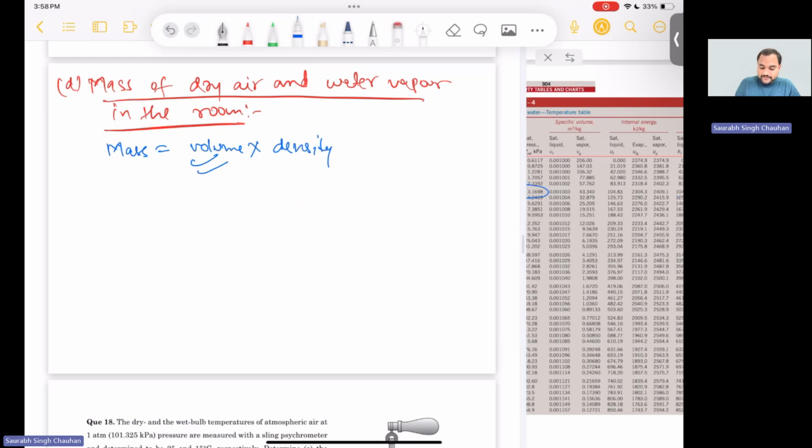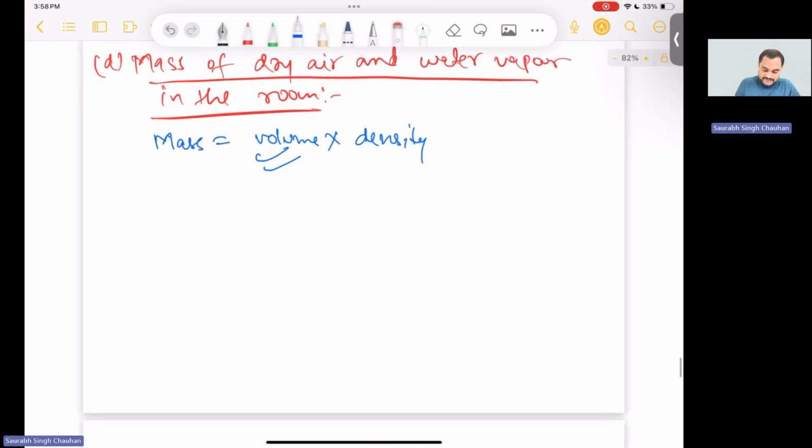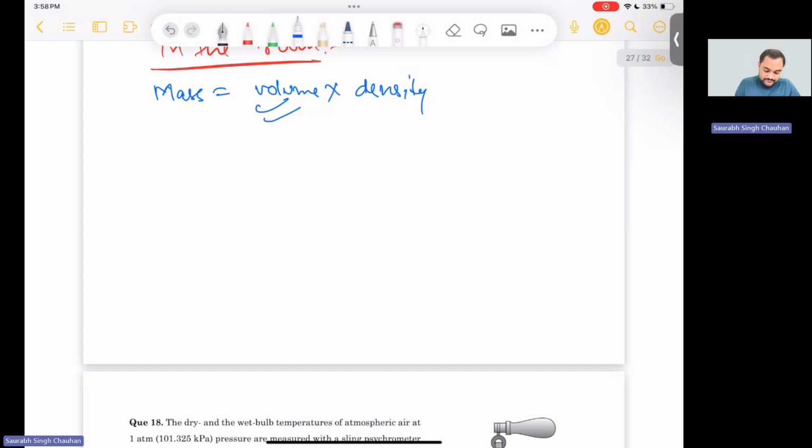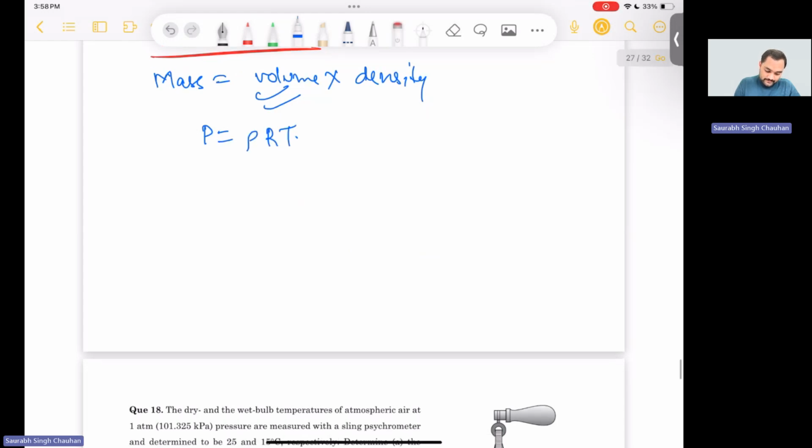Volume is given, that you can calculate from the dimensions of the room, and density you can calculate from the ideal gas equation, P is equal to rho RT. So density will be P divided by RT, and the mass will be P by RT into volume, right?